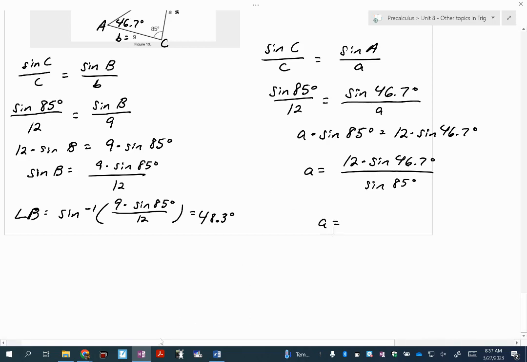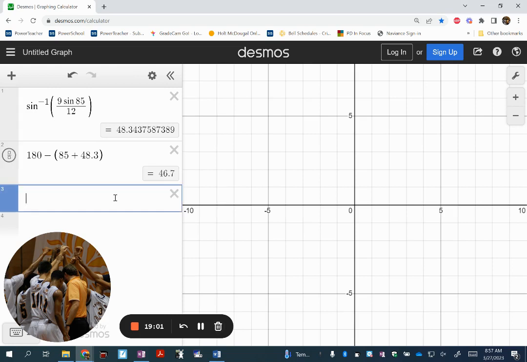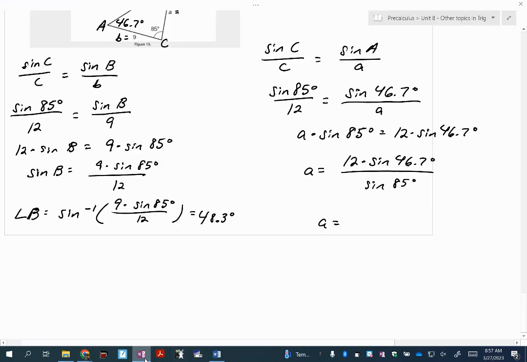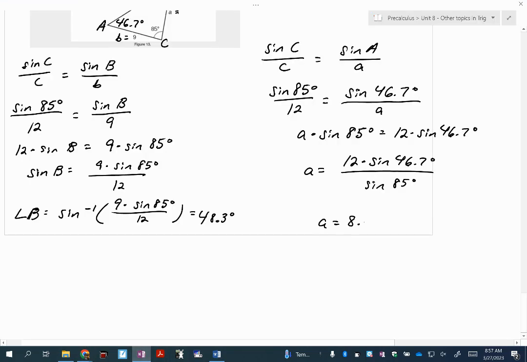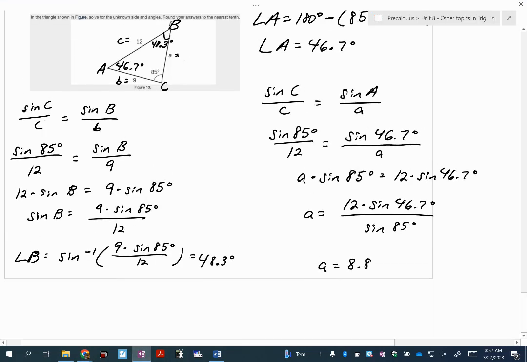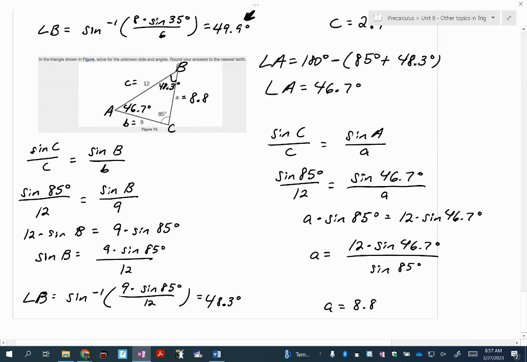All right, so we have 12 times the sine of 46.7, let me confirm, divided by the sine of 85 degrees, which is approximately 8.8. All right, and that is our side length A. And that's it. So those are kind of the variations you're looking for when you do the law of sines.